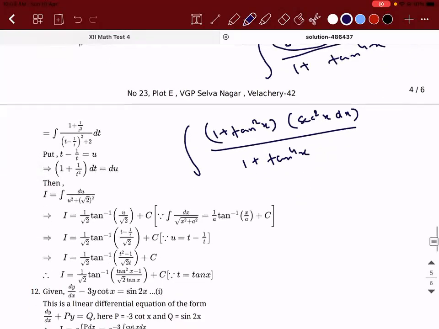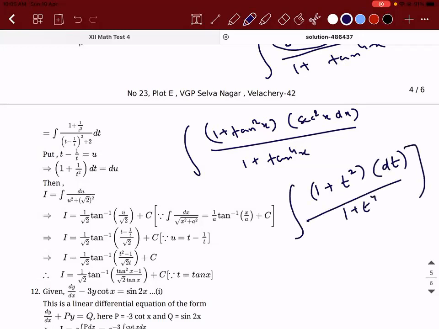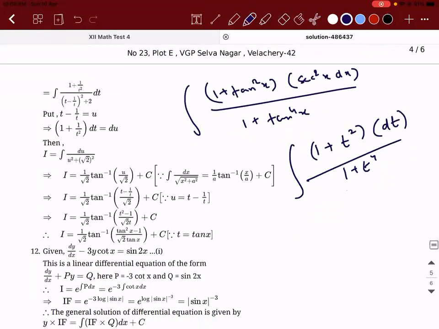Is it clear? So it becomes 1 plus t square into dt divided by 1 plus t power 4. Is there any doubt in this? I took tan x as t, so secant square x dx is dt, and we have 1 plus t square dt divided by this.